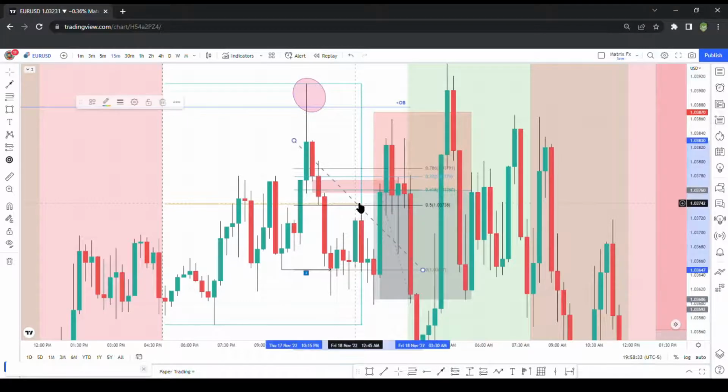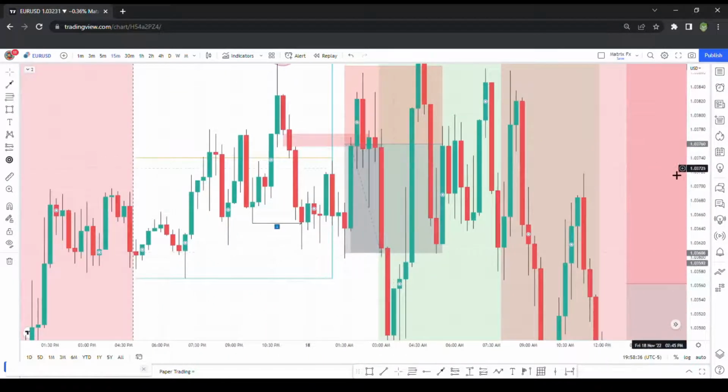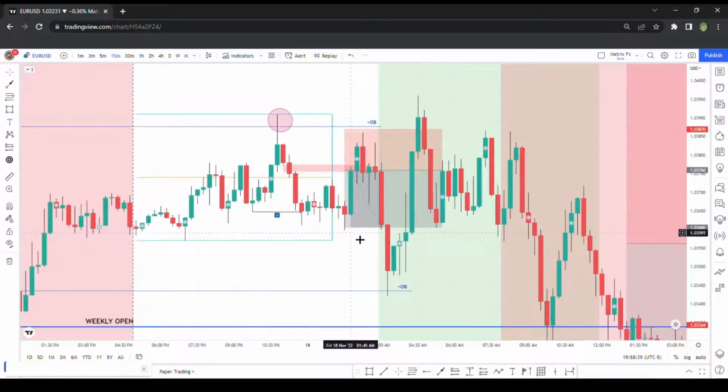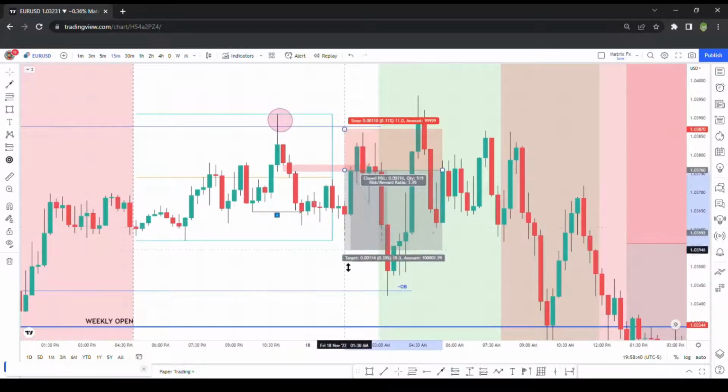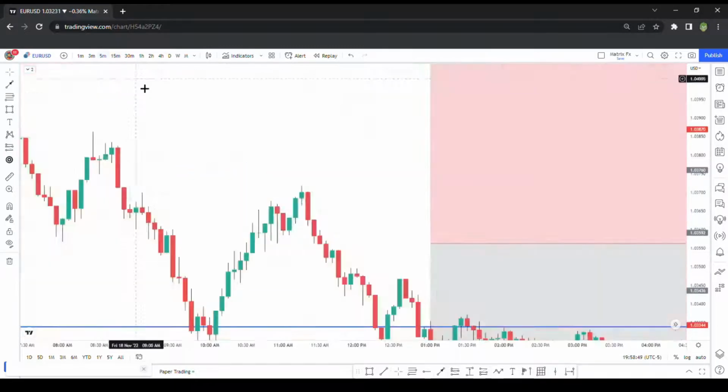Don't worry, I will explain extensively how I got my stop loss. It wasn't just a random number. Remember my targets. So that block right here. Now let me explain deeply how I got my stop loss.